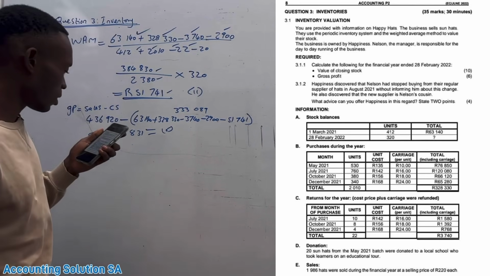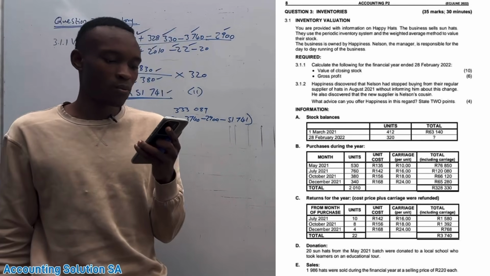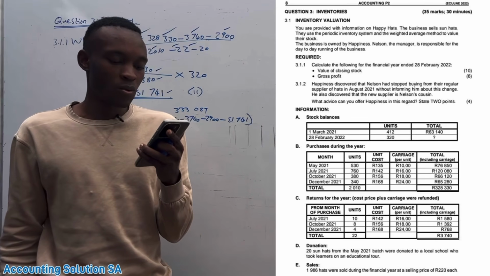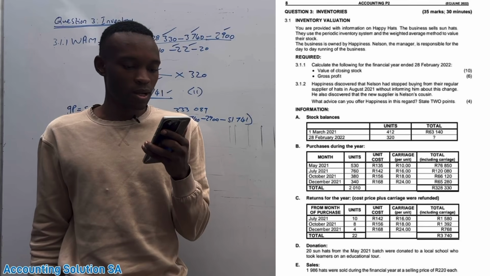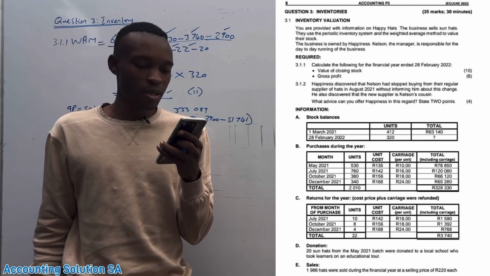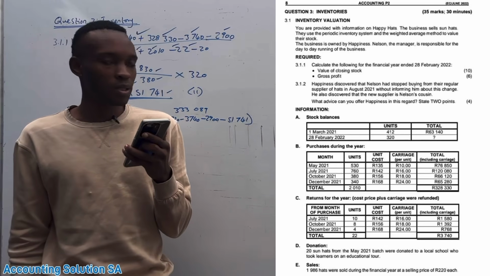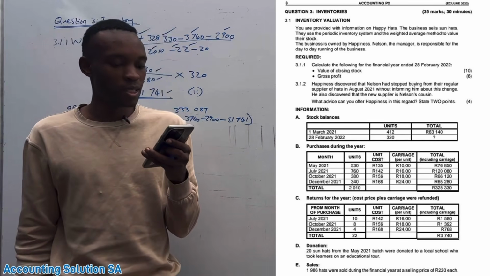They said Happiness discovered that Nelson had stopped buying from their regular supplier of hats in August 2021 without informing him about the change. He also discovered that the new supplier is Nelson's cousin. Then the question says, what advice can you offer Happiness in this regard?